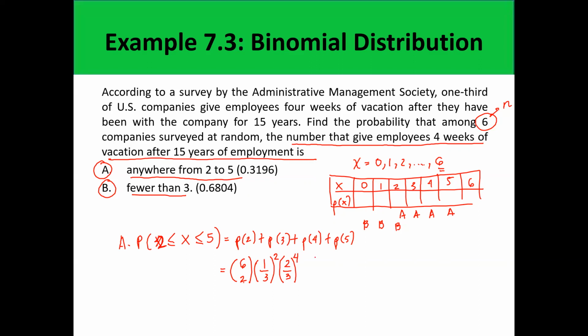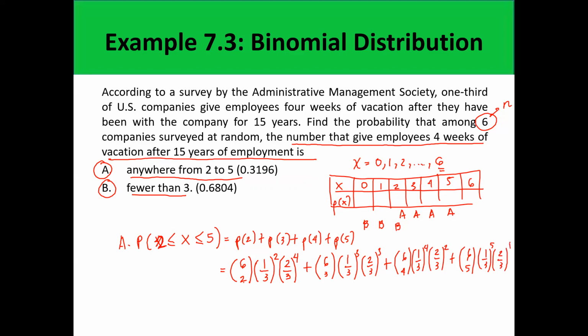And then continuing for the rest of the solution, we have 6 combination 3 times 1/3 raised to 3 times 2/3 raised to 3 plus 6 combination 4 times 1/3 raised to 4 times 2/3 raised to 2 plus 6 combination 5 times 1/3 raised to 5 times 2/3 raised to 1.